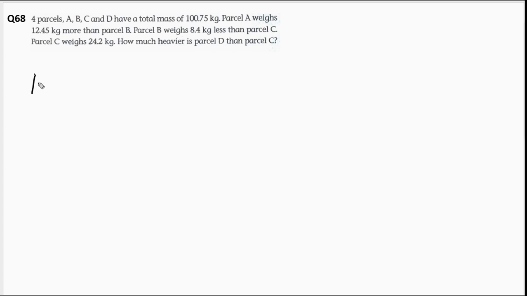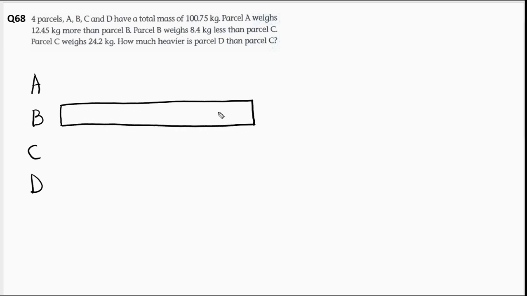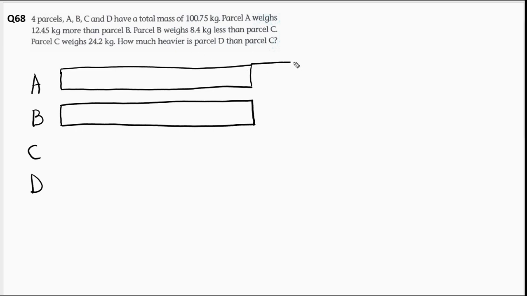We've got four parcels, A, B, C and D. And it says parcel A weighs 12.45 kilograms more than parcel B. So as I usually like to start with the smallest one, we're starting by comparing to B. Let's say that's B. If that's B, then A weighs at least the same as B plus 12.45 more.